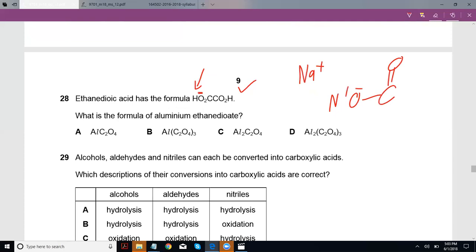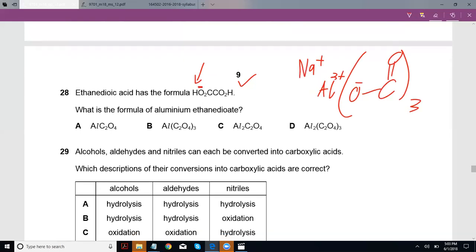However, if you have aluminum here, well, aluminum has 3 positive. This needs to be times 3. However, another twist that they've given in this particular question is that there are two such groups here and here. So if you have, let's say, aluminum on this side and aluminum on this side, what do both of these need?